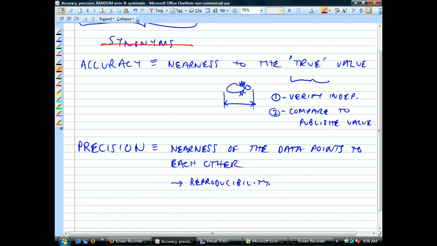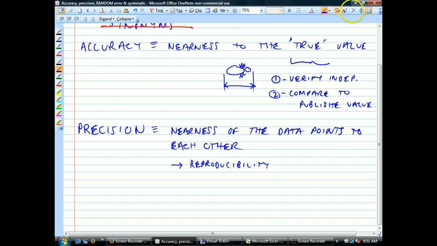So how close are your data points together if they're replications? Say you're taking the mass of a single object and you're repeating that process. How close are those data to each other? That's precision.